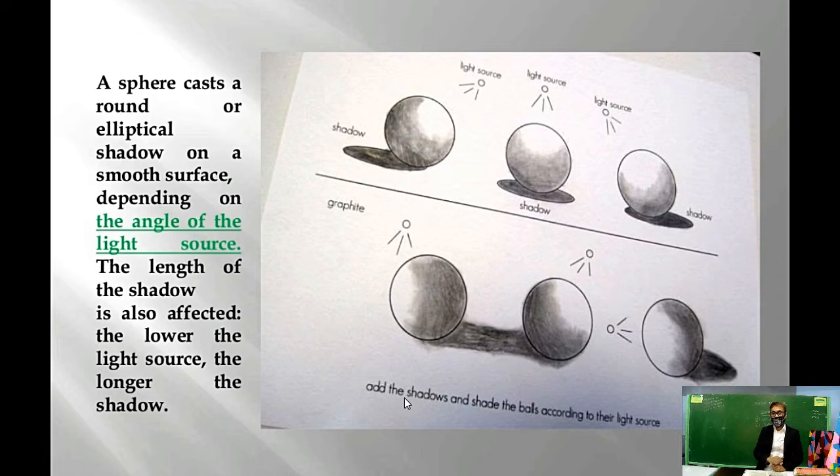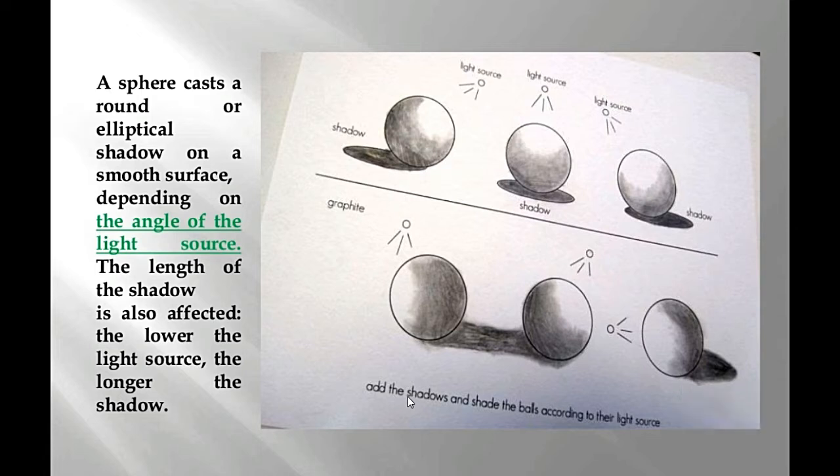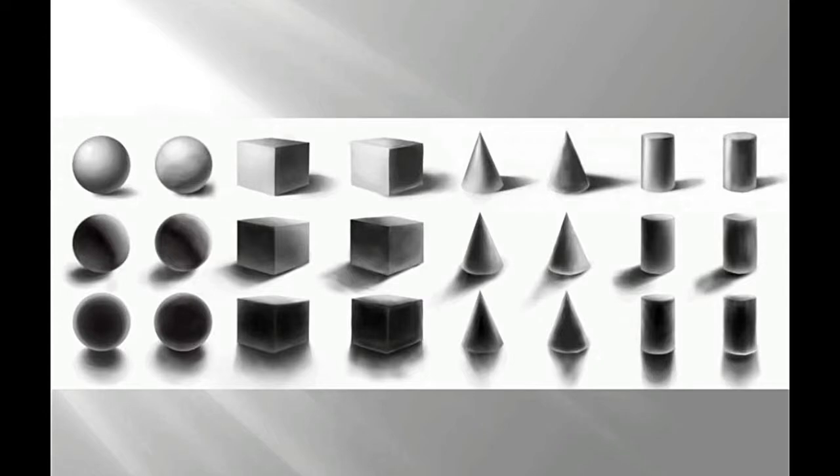The angle of the light source also affects the length of the shadow. The lower the light, the longer the shadow. Here are some examples of shaded and shadow figures.